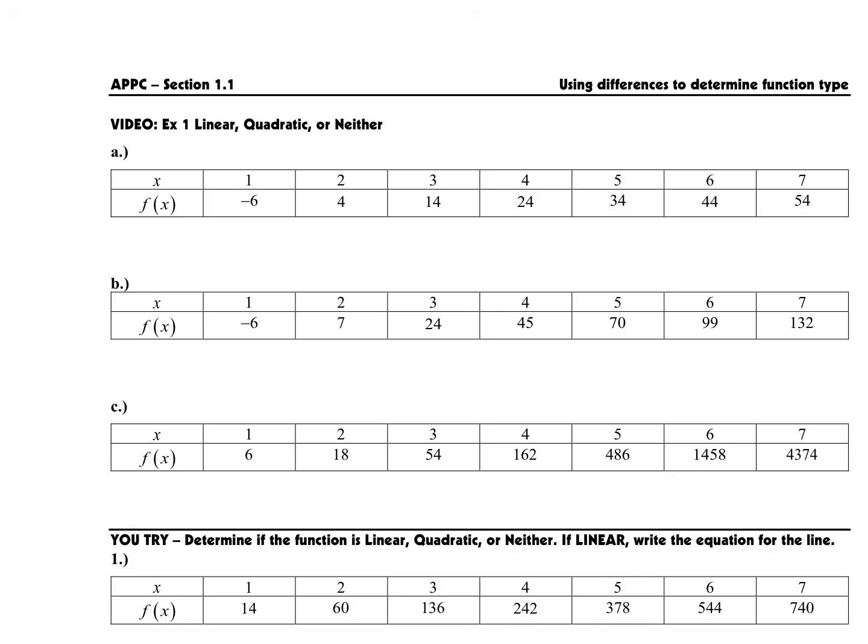Let's jump into determining whether something is linear, quadratic, or neither. If the function is linear, it will have a common difference. That common difference is our slope that we are now going to also refer to as the rate of change.